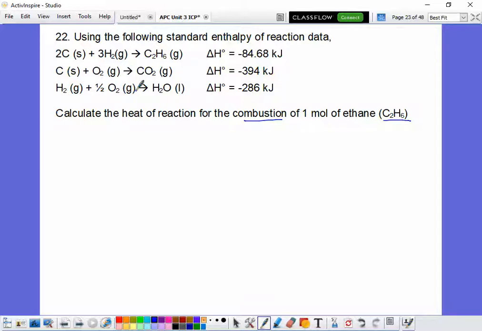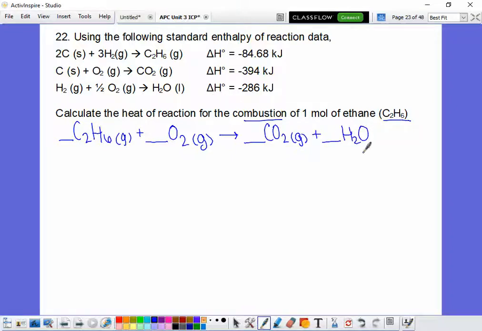For example, if you're looking at all these equations that we're going to be using, C2H6 is in the gas state. So we will have C2H6 gaseous, plus, what is it reacting with? O2, which we know to be a gas, forming CO2, which is a gas, and H2O, which is a liquid because that's what's listed here.